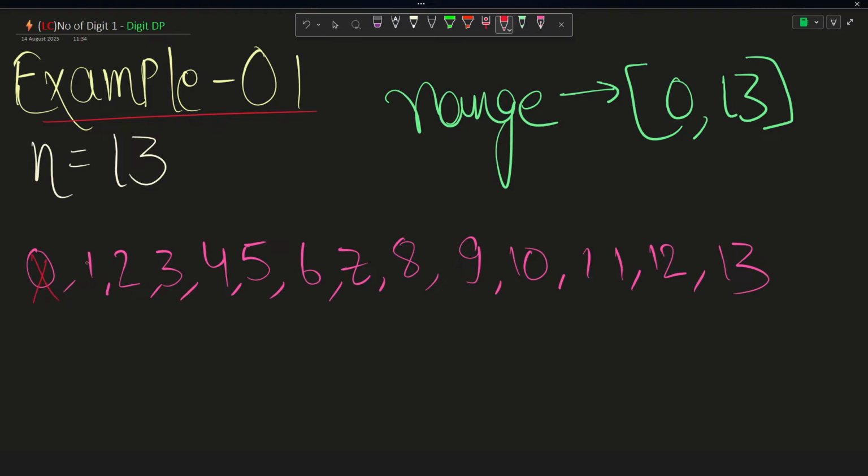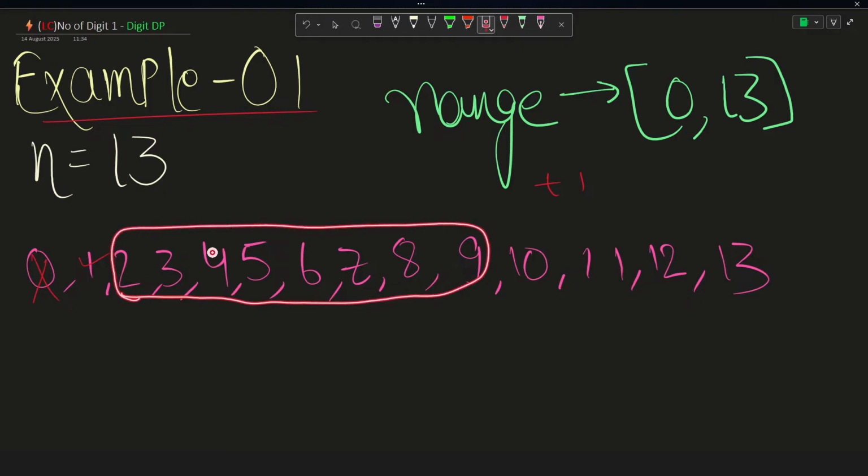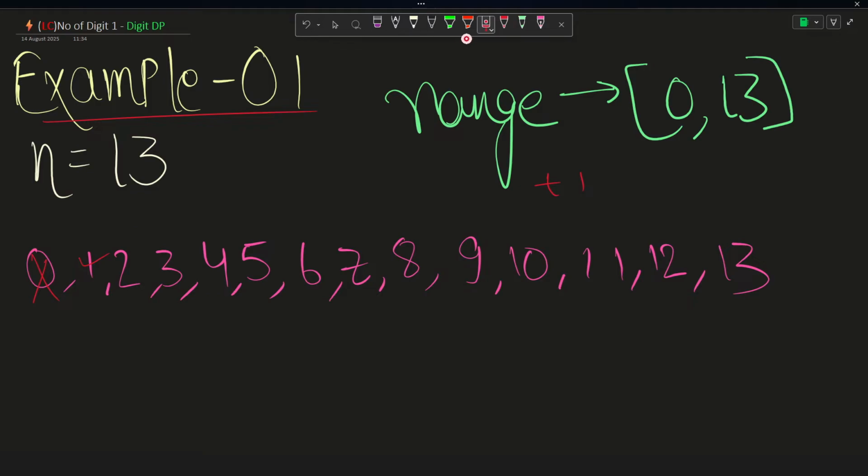Now we are standing at 1, and clearly for this one there is 1 digit which is 1, so this will contribute +1 to our answer. Then if we move forward, we have 2 in which there is no digit 1. Similarly in 3 there is no digit 1, and as you move forward you will realize that till 9 there is no integer in which a digit 1 is coming. So these will not contribute anything to our answer, so let me cross mark each one of them.